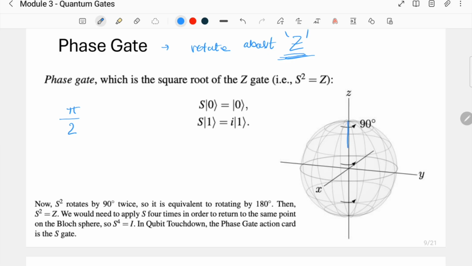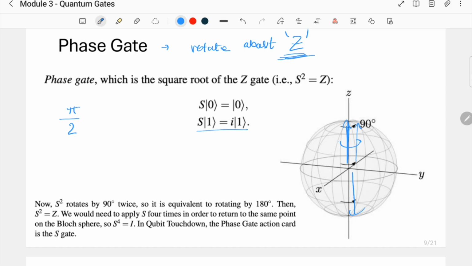So if this state is here and we rotate it by pi by 2, we'll end up where we started, right here. And even with 1, it will rotate to where we started, back here.